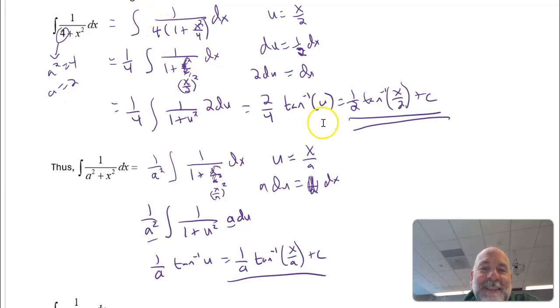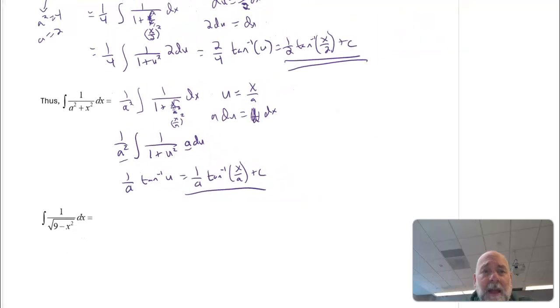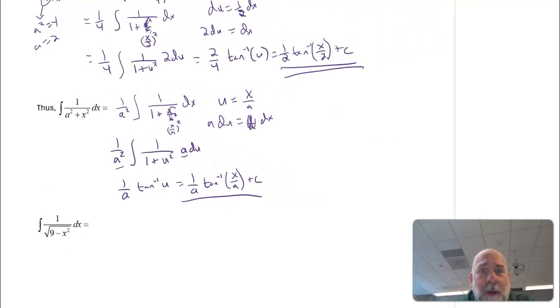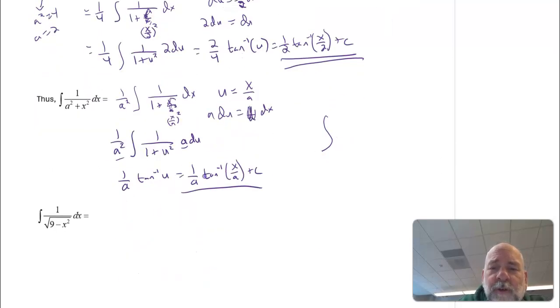So you can learn the steps to do this yourself, or you could just learn the formula at the end. And I'll be honest, if you memorize the formula, then these problems become pretty fast. But if you don't memorize the formula, it's just substitution, and so it's not that bad. Substitution with a little algebra, that factoring is a little weird for people because it makes fractions. And so if I gave you a problem like the integral of 1 over 16 plus x squared dx, you can just go, oh, okay, a is 4.